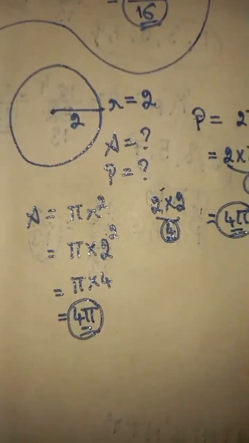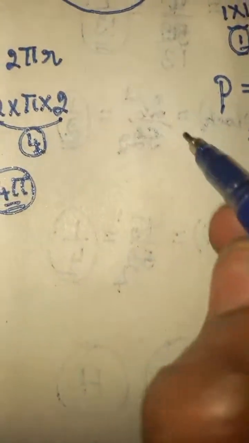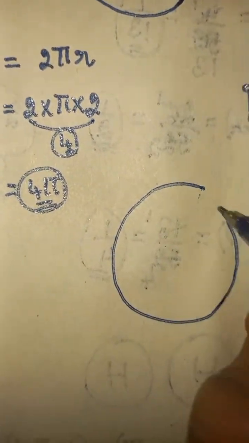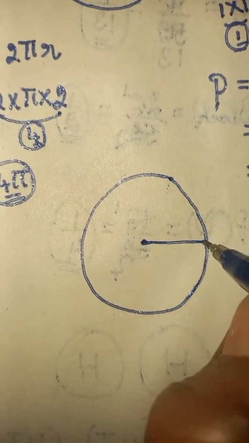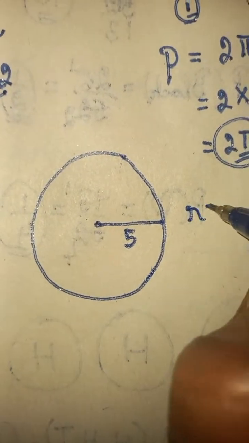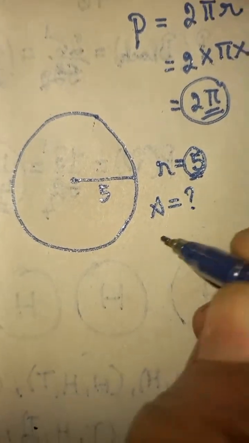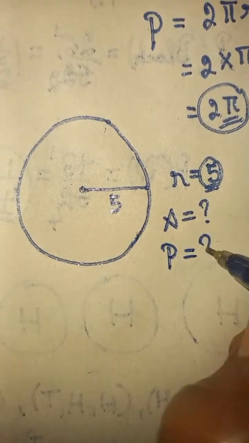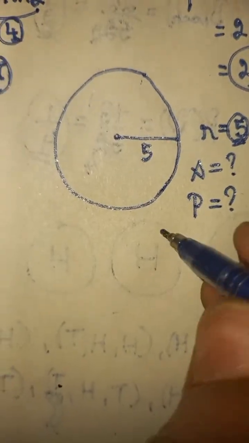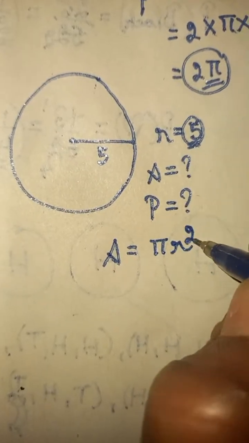Let's take one more circle. In this circle they have given the radius of the circle as 5 units. Now you need to find out, even here, the area of the circle and the perimeter of the circle. Let's find out the area of the circle, which is pi r square.